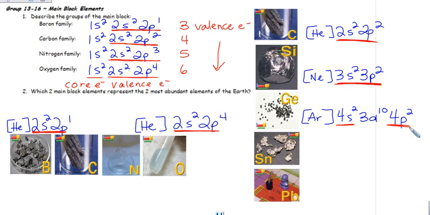Oh, let's see here. Which 2 main block elements represent the 2 most abundant elements of the Earth? I mean, there's a lot of abundant elements. There are very common elements that will fall into this main block. I don't know if you want to argue for 2. I'd maybe definitely say carbon.